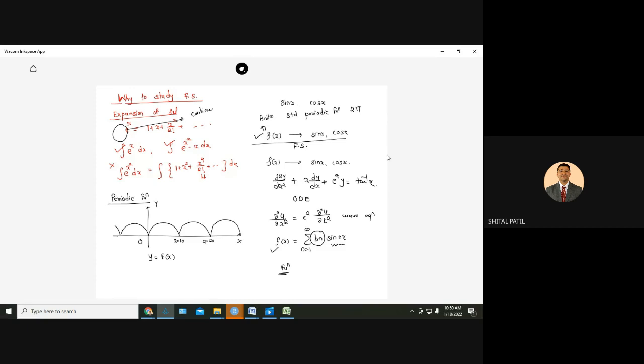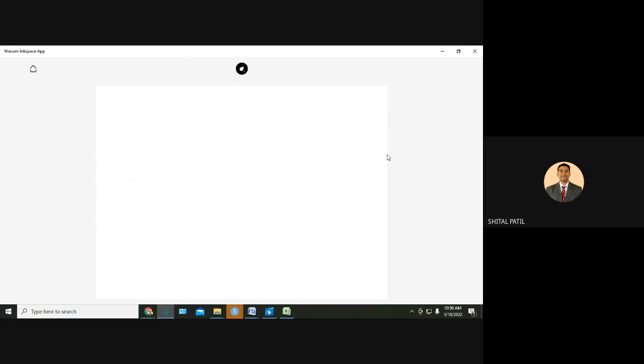Now we start with the first concept, a very important concept that may be asked in the exam. Now you have to write with me. Periodic function.